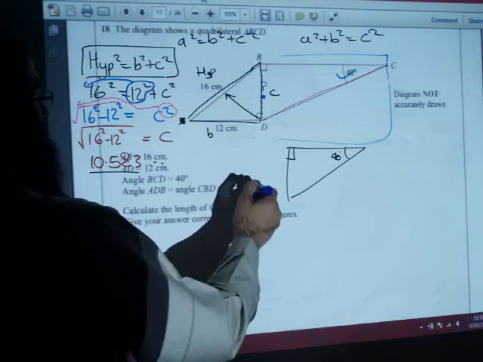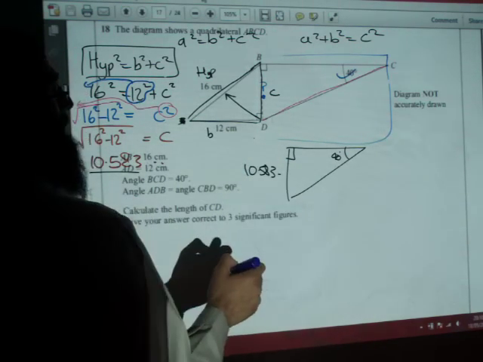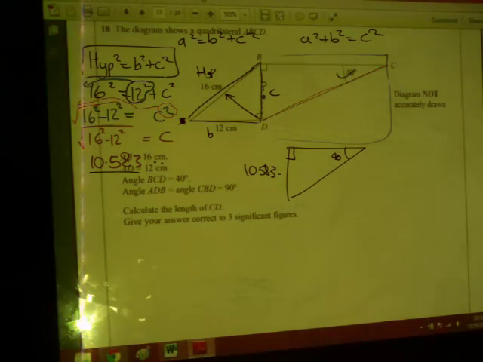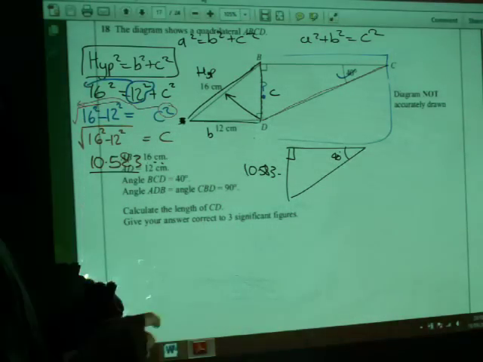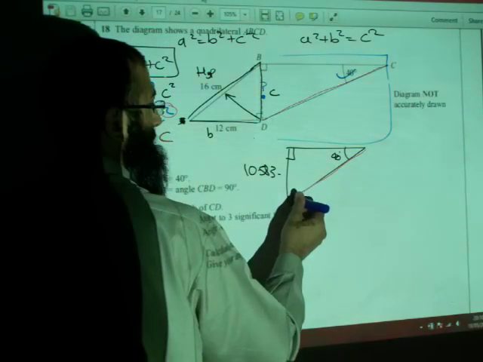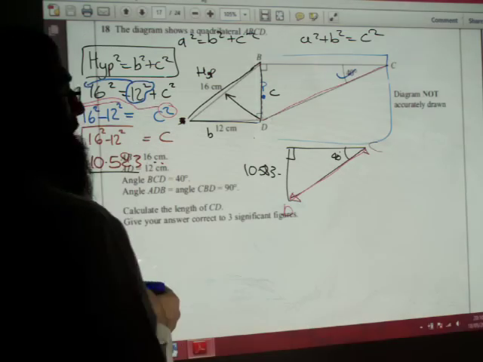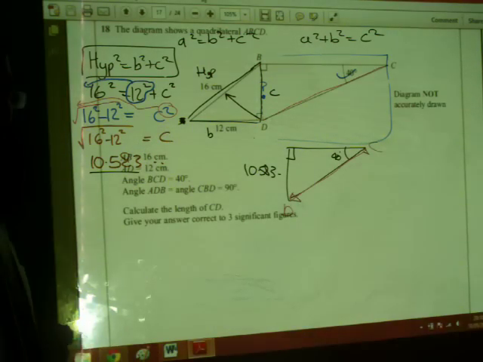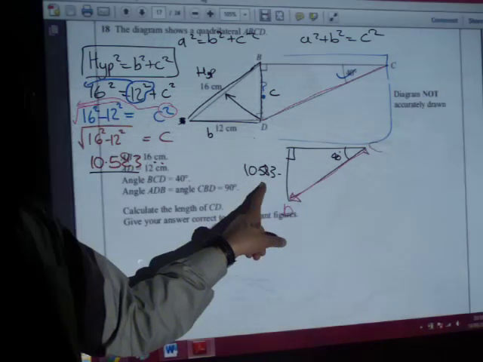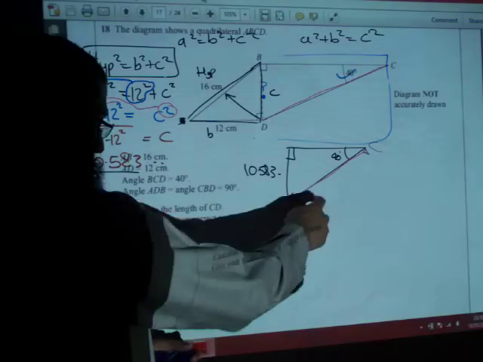This length here we just worked out to be 10.583 something. We need to work out this length here, C and D. So we have here a right angle triangle. We know one angle, we know one length, so we know two items, and we've got to work out this length over here.